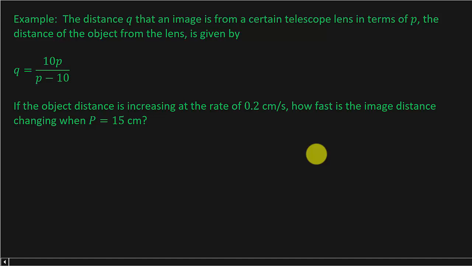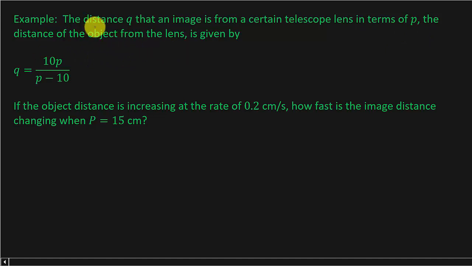If the object distance is increasing at the rate of 0.2 centimeters per second, how fast is the image distance changing when P equals 15 centimeters? What that reads might confuse you a little bit. It says the distance Q that an image is from a certain telescope lens in terms of P, the distance of the object from the lens.